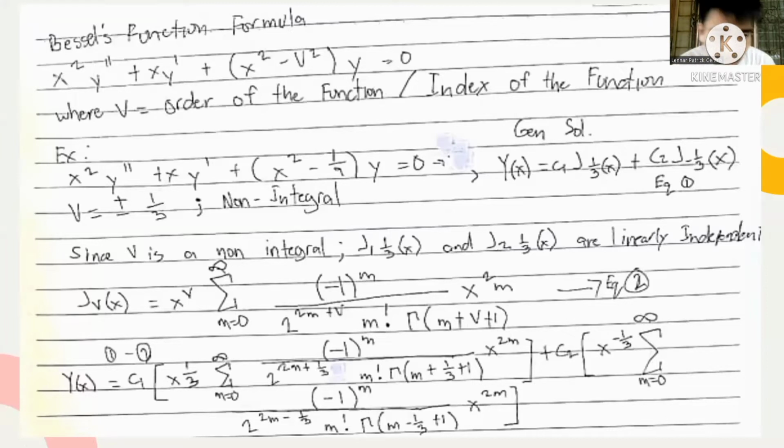Example, ito yung example ng pagsosolve ng isang Bessel function of the first kind. X squared y double prime plus x y prime plus x squared minus 1 over 9 times y equals 0. Napansin natin na yung formula, ang nabago lang yung v.